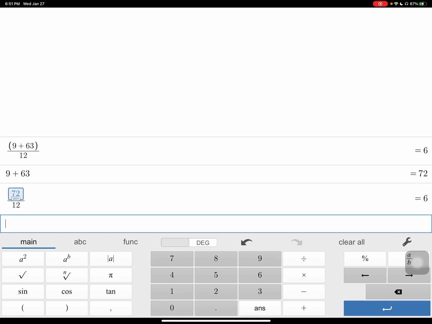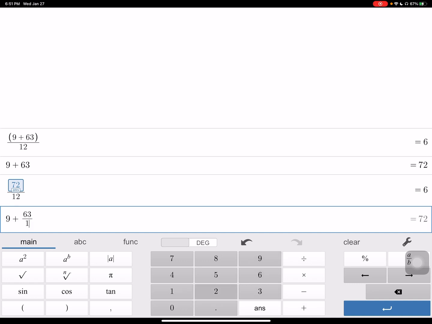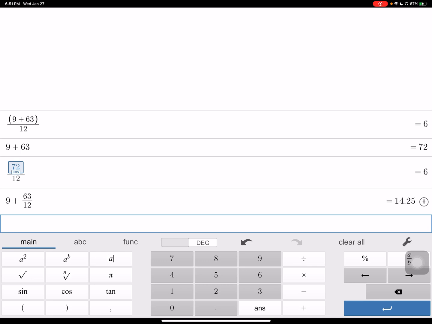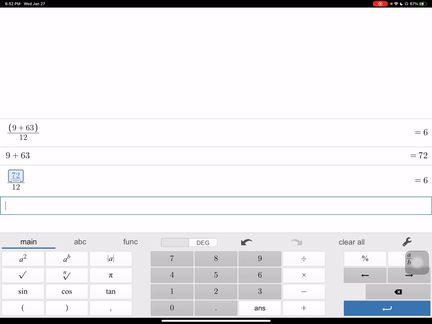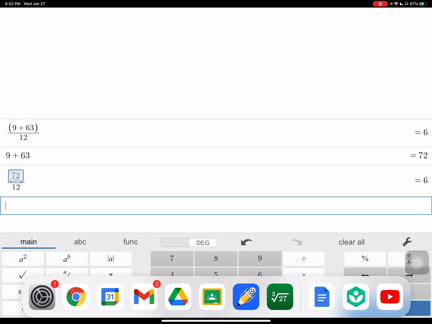Either way works, but this is the way that does not work. If you do not have parentheses and you just do it like that, the 9 is not being divided by the 12. So that does not work. This one is bad, but the others are great. So you should get 6 for that one.